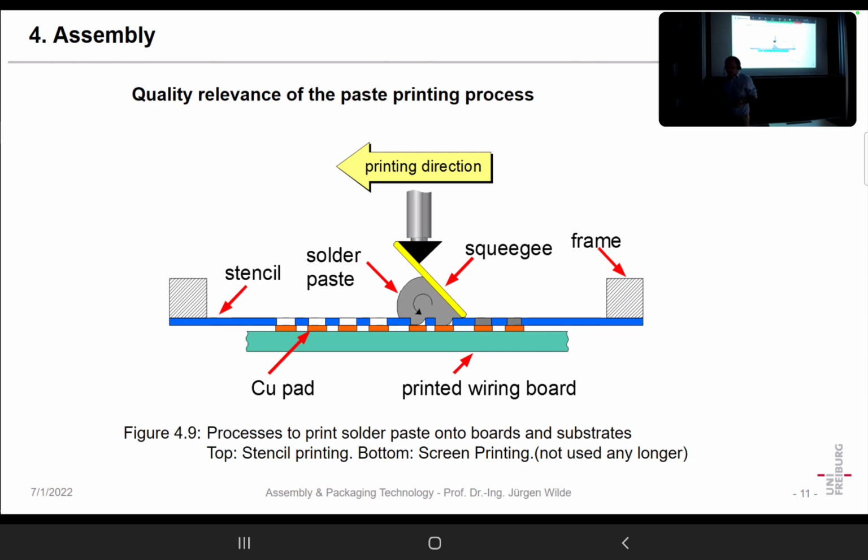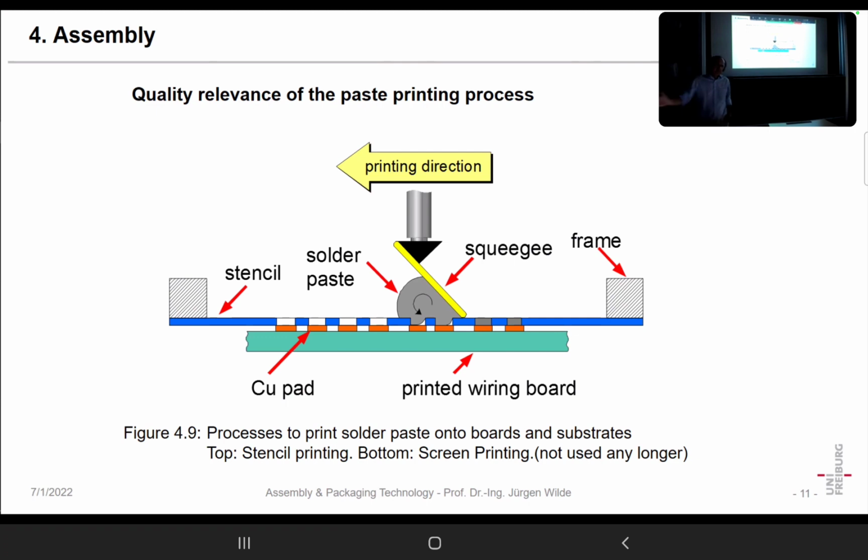And so we have so-called stencils, which is just metal sheet, which has openings which are cut out with a certain process. And then we put that sheet of metal directly onto the printed wiring board. We put on the solder paste, and here is that so-called squeegee. It looks like a ruler made of rubber, and that is shifted over the board.